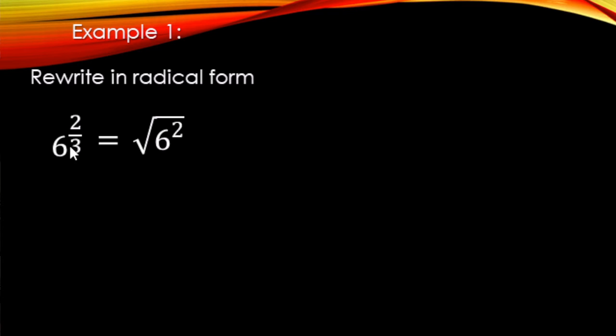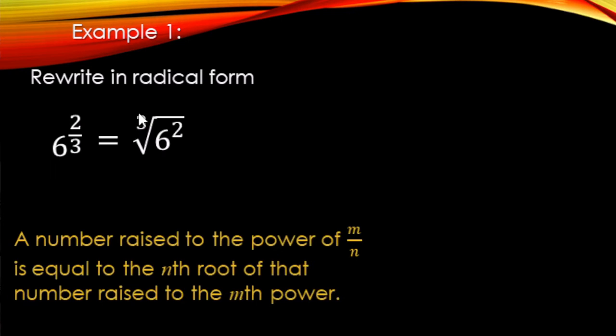And then this 3, that's the denominator. That becomes the index of your radical there. Now, there is another way of writing it. We can write it this way. So again, 6, the base, becomes the radicand underneath the radical, and then the exponent's going to be a 2, and then the index is the denominator of that exponent.